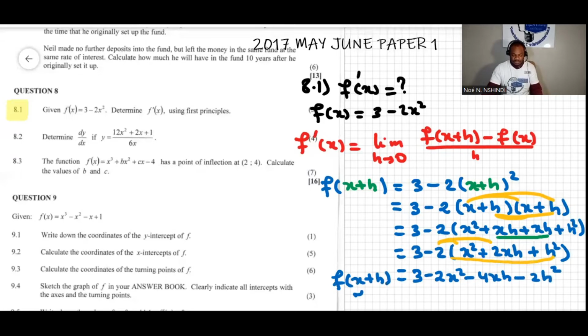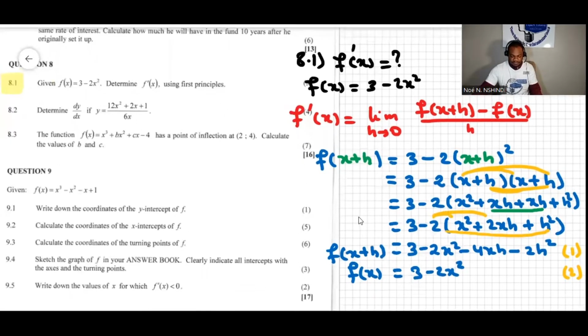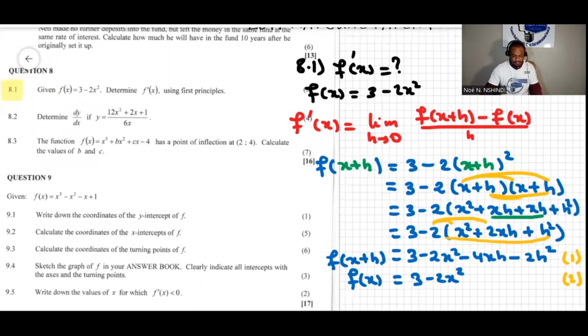Now, f of x will be equal to 3 minus 2x squared. We can call these equation 1 and equation 2. Now let's simplify these two functions. I'm looking at the numerator of this fraction: f of x plus h minus f of x. We worked out f of x plus h, and we also have f of x, which was given.